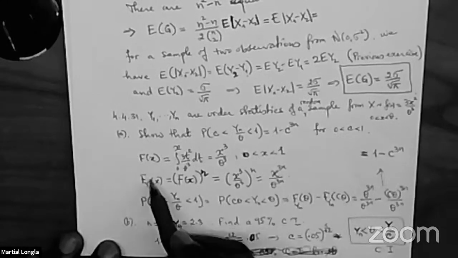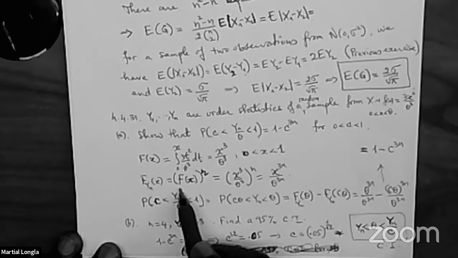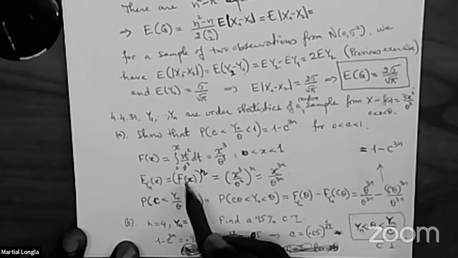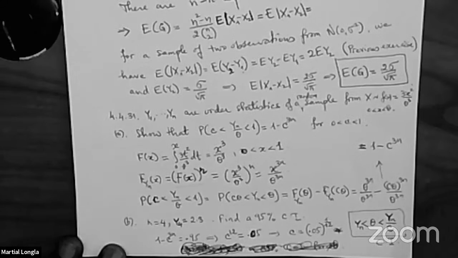Then the CDF of yn, which is the largest of the observations, in your class notes you have that formula. The CDF of yn is the CDF of the original variable raised to the power n. So that is x cubed over theta cubed raised to the power n, so x to the power 3n over theta to the 3n.